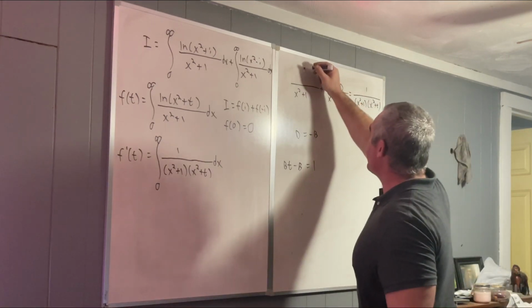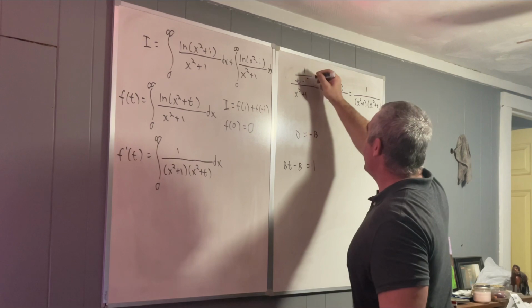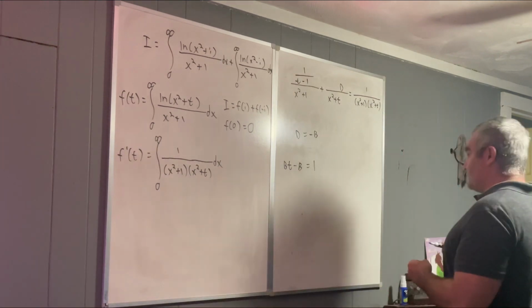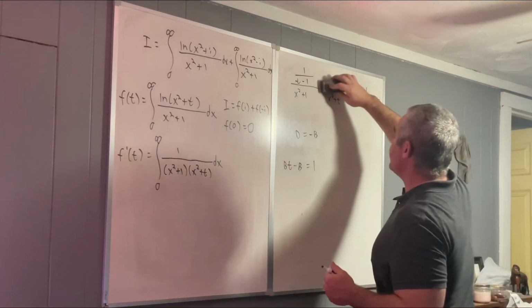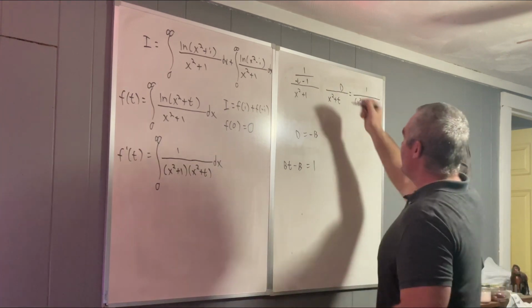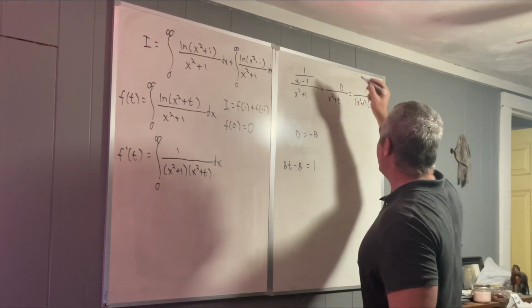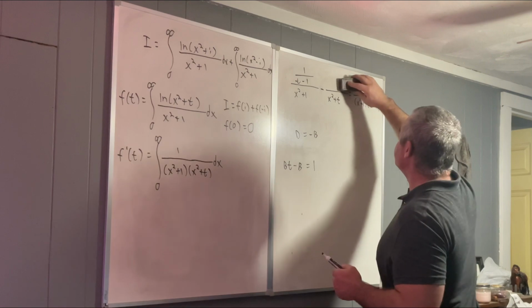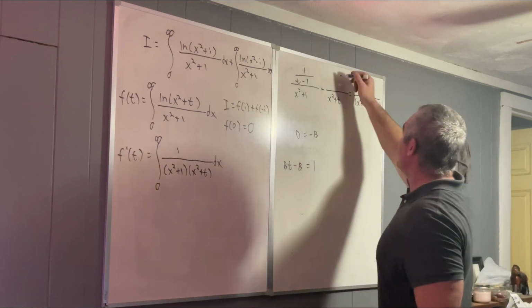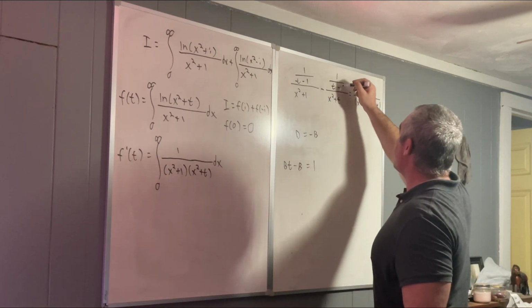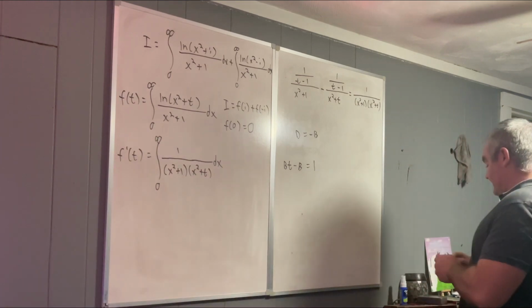I'll just put that in there right now. And that d will be equal to negative 1 over t minus 1. There we go. All right, so that's a true statement right there.